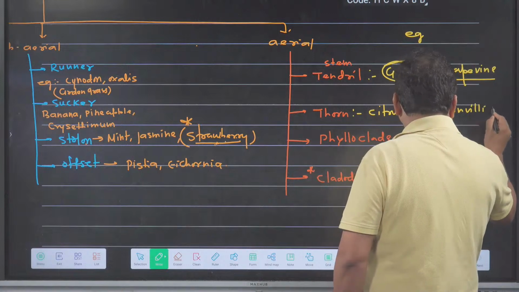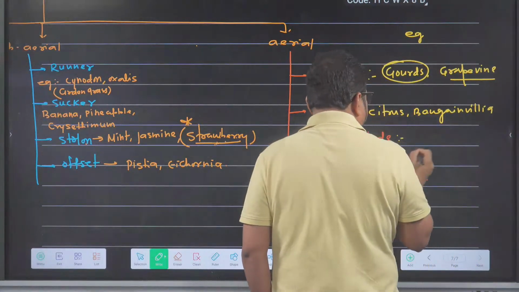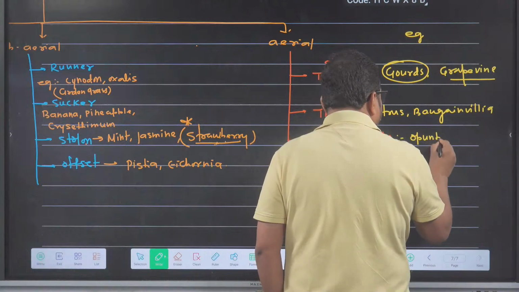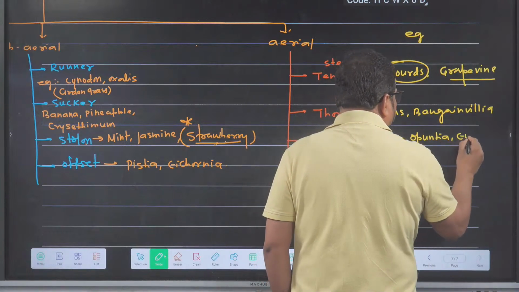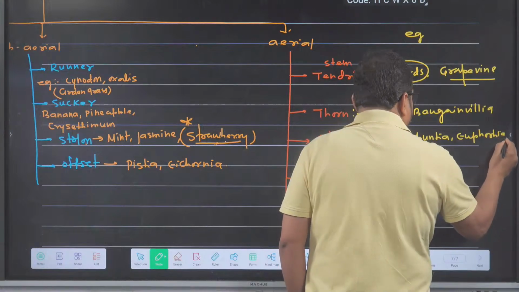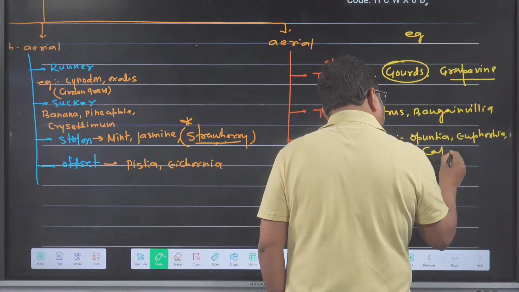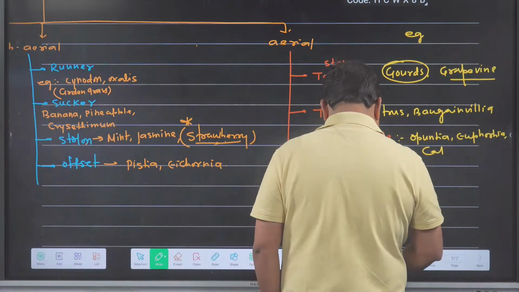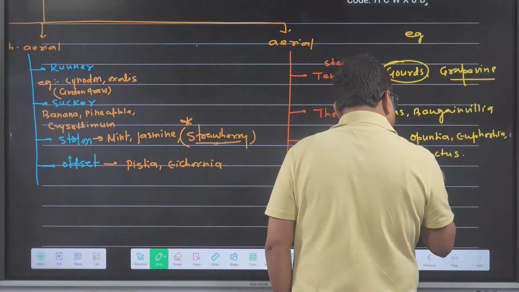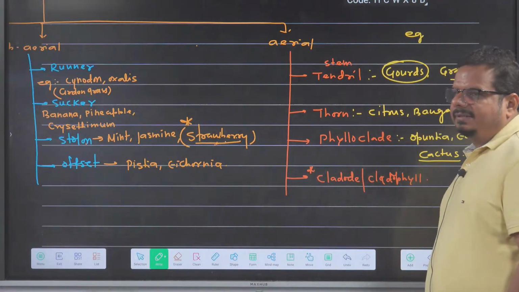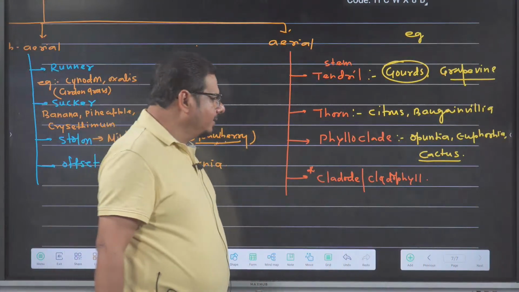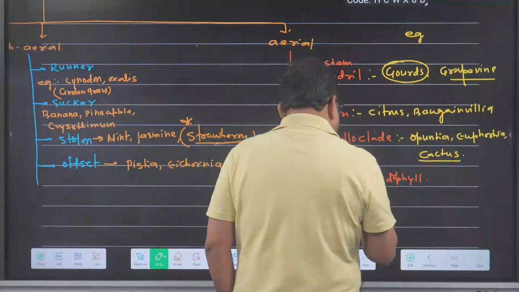In phylloclade, it is opuntia, euphorbia, and even cactus. Many times we ask in paper and give cactus, so students get confused. Cactus also has phylloclade. Got the idea? Opuntia, euphorbia and cactus, they also have phylloclade.